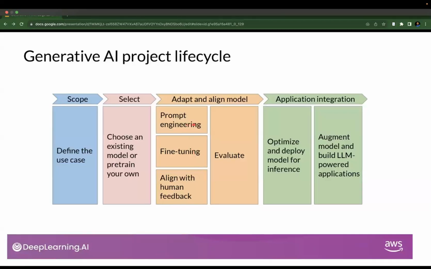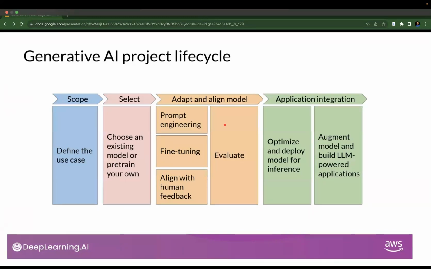After prompt engineering or fine tuning or aligning with human feedback, we have to evaluate whether the changes we have made to the model are taking the model in the right direction or not. So this adaptation and alignment of the model is like a cycle. It has to repeat till you reach an acceptable level of performance.